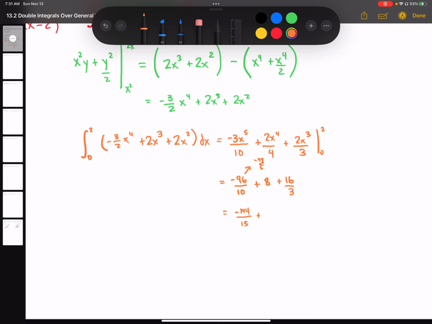That is 8 times 15 is 120. So plus 120 over 15 and multiply that by 5, we get 80. So 80 over 15. And what's that? 200 minus 144. So 56 over 15, which is like 3 point something. What's that? 3 and 11/15?